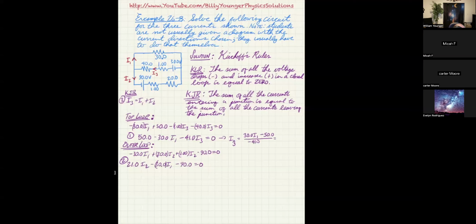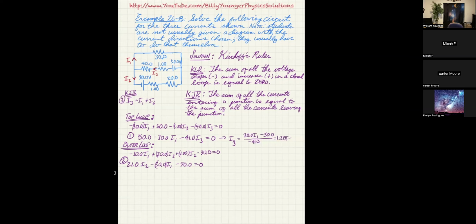I can make this a little simpler by taking 50 and dividing it by 41. In other words, I'm going to take the negative and reverse the order. So by taking the negative away from the bottom, I can call it 50 minus 30 I1. But then I'll take 50 and divide it by 41. And that gives me 1.2195. That's 1.2195 minus now 30 divided by 41.